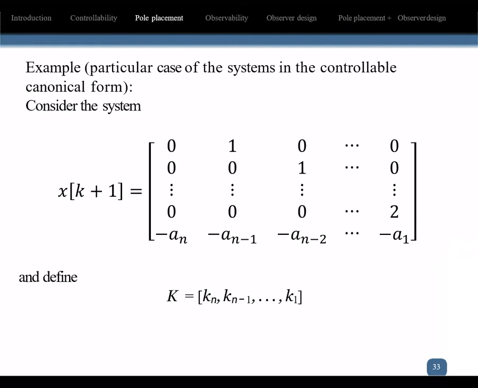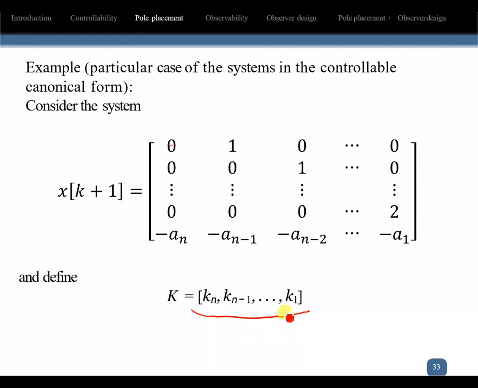Now we extend this system. If you remember the canonical control system, here is a 0, here is minus a_n, minus a_{n-1}, down to minus a_1, and K is of dimension n, from K_n until K_1.